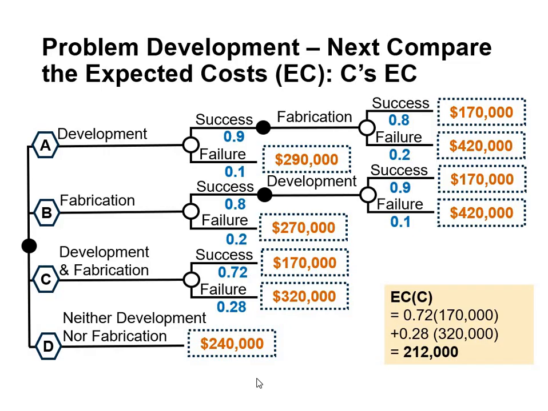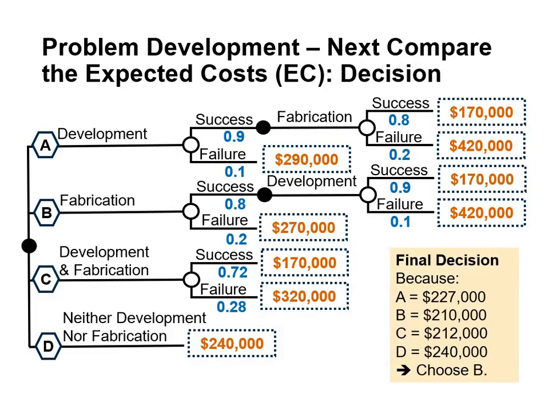So I enter it into my calculator right now, 0.72 times 170 plus 0.28 times 320, 212. So that's also correct. Okay, so B is still the best so far. Let's take a look at the final one, and of course D is just 240,000.